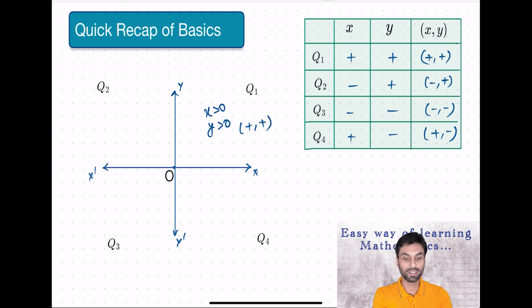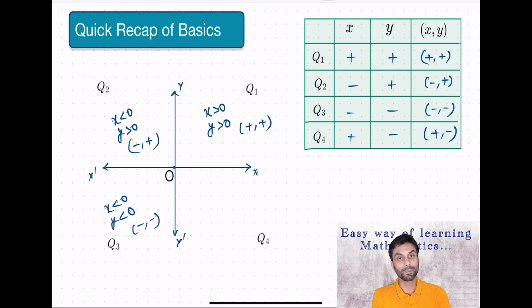In the second quadrant, x will be negative, y will be positive, so any point in this quadrant will be of the form negative, positive. If you talk about the third quadrant, here x will be negative as well as y will be negative, so any point in this quadrant will be of the form negative, negative. Then in the fourth quadrant, x will be positive and y will be negative, so any point in this quadrant will be of the form positive, negative.